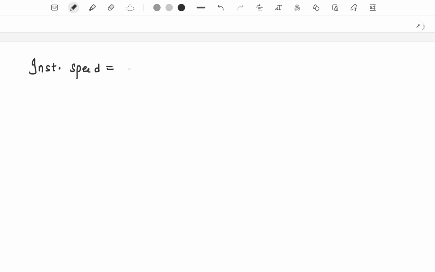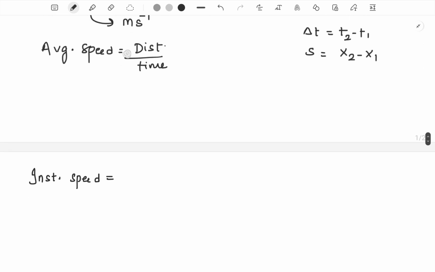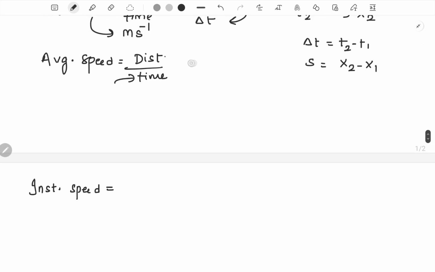So mathematically, how do we calculate this instantaneous speed of a body, provided we know how the particle has been moving, how its position has been changing, all those things. Earlier we defined average speed. Mathematically, let's represent distance with s and the time interval to be delta t.